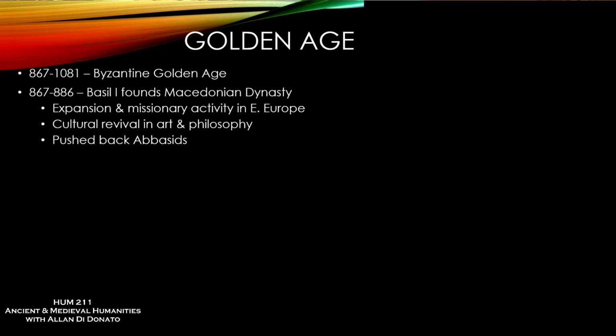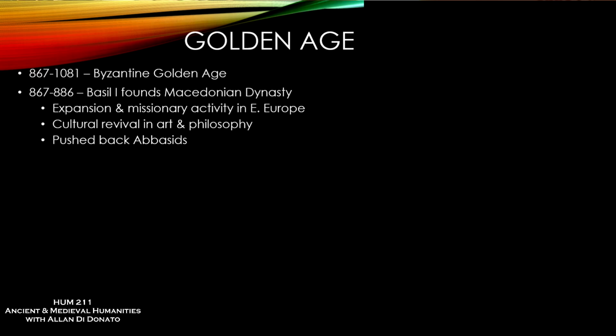As far as conquests go, particularly in the Arab Near Eastern territories, there's a pushback against the now Abbasid Caliphate, which is ruling from Baghdad and Mesopotamia. But a number of the emperors, like Nicephorus II, capture Aleppo, Crete, Cyprus, Antioch. These cities are taken back. Under John I Zimiscus, you have Damascus, Beirut, Acre, Sidon, Caesarea, Tiberias retaken.